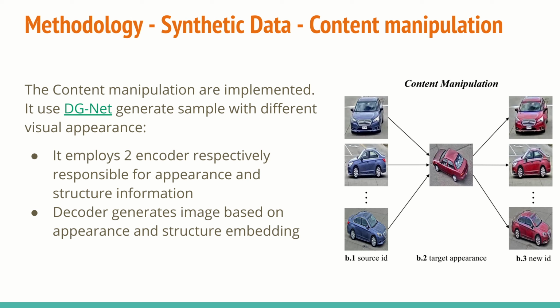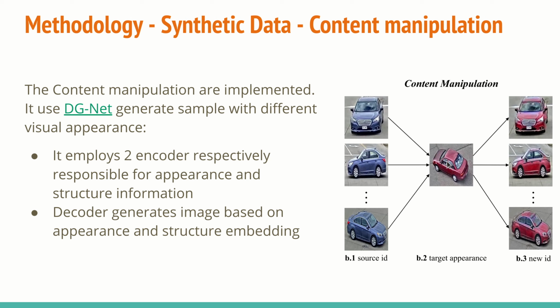For the synthetic data, firstly, we need to synthesize data to get more data. I use the content manipulation technique, which implements a DGNet to generate samples with different visual appearances. Specifically, it employs two encoders. The first encoder is responsible for appearance.